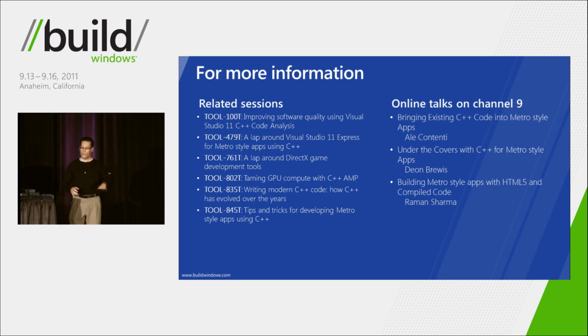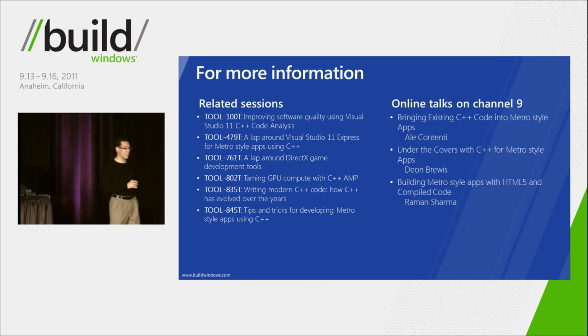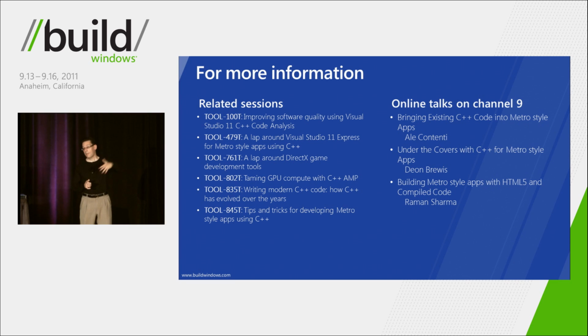And as you look at all of these, and also the online talks that are already on Channel 9 that you can find for viewing, we've done a lot for C++ in just one product cycle. I was just saying to some people on the team several times over the last year, I can't remember any two previous releases where we've done as much in C++.